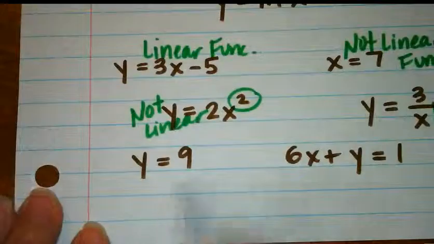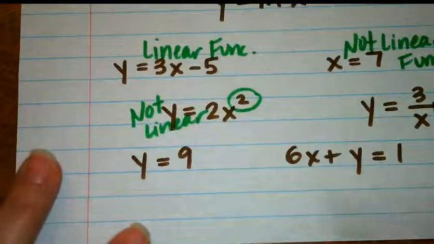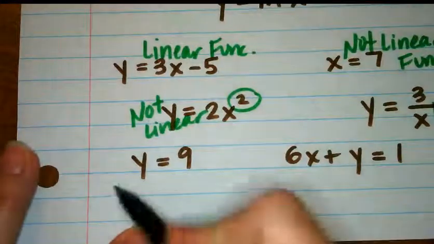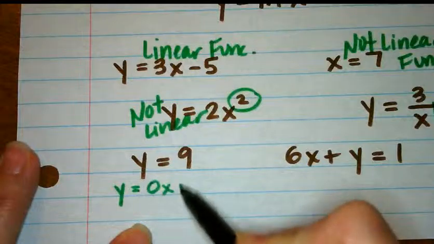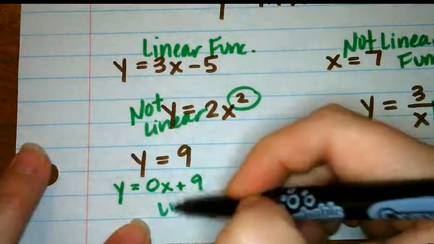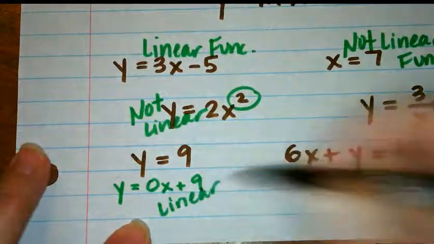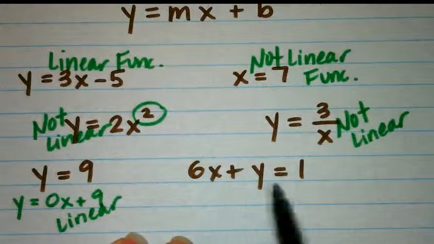Looking at this one, y equals 9, I could write it as y equals mx plus b if I wrote it as y equals 0x plus b. So this one is a linear function. And our last one, 6x plus y equals 1.